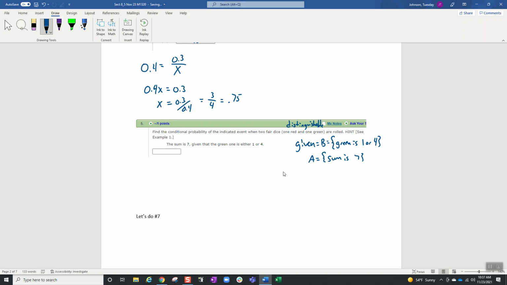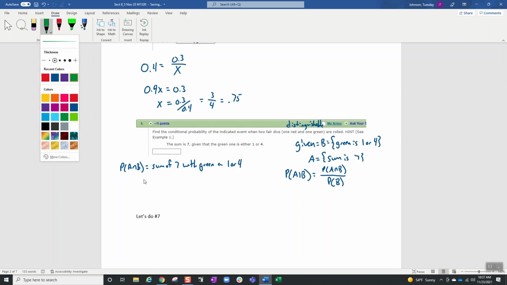What we're looking for is the probability of A given B. So we have to calculate the probability of the intersection divided by the probability of B. The intersection will be a sum of 7 with a green 1 or 4. So we have 1 red and 1 green. Let's write them down. Let's call that one red. Let's call this one green. There we go. So the green is a 1.